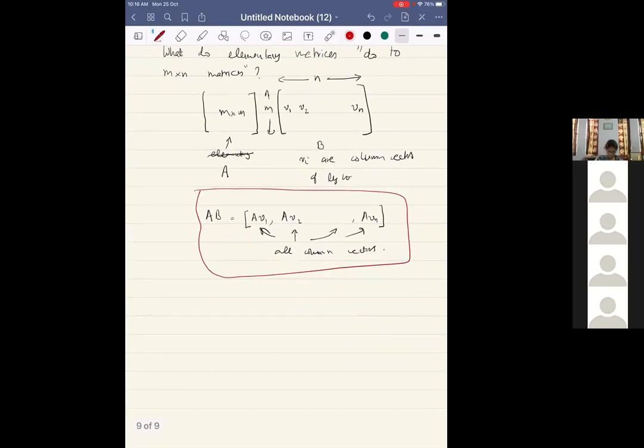Now if A is an elementary matrix, and you want to know what happens when I multiply an arbitrary m cross n matrix by A, because you already know what happens when the elementary matrix acts on column vectors, you can easily read off what happens when the elementary matrix multiplies an arbitrary m cross n matrix.